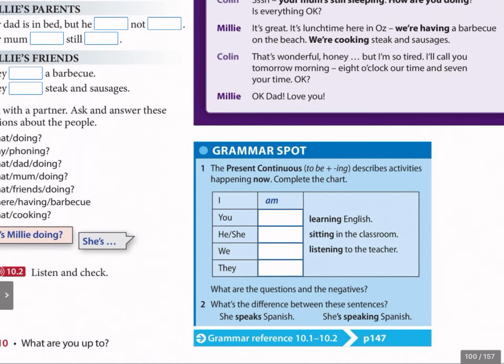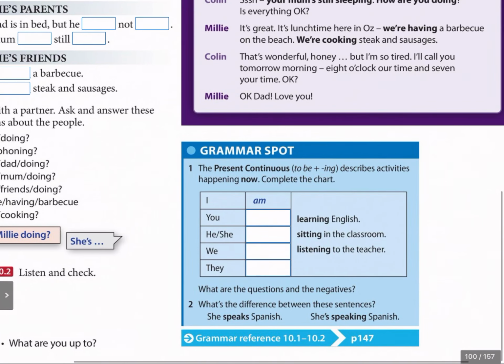Then when we have this sequence, we need to double the final consonant. So sit, which just has 1 T in the infinitive, doubles the final T when we add ing. So sitting is spelled with double T. Listening, nothing to say about this. We just add ing.